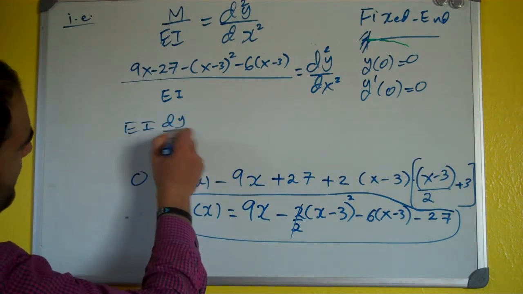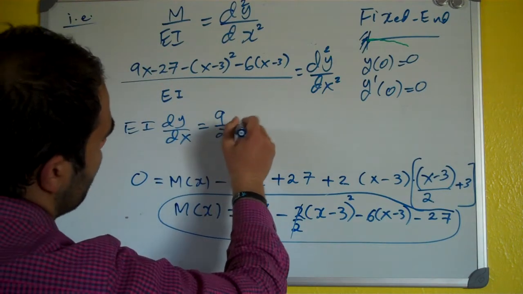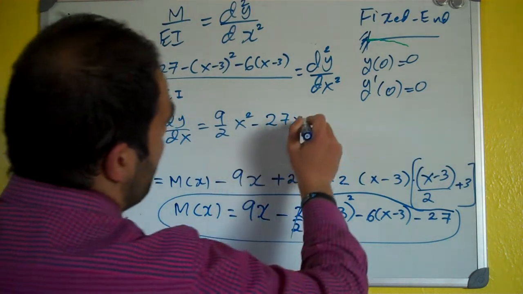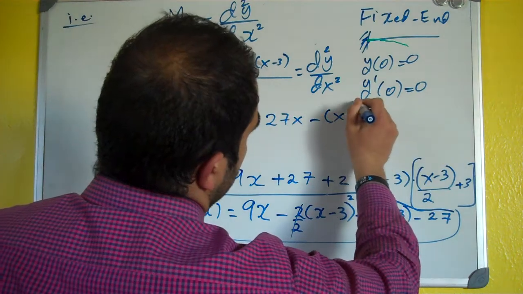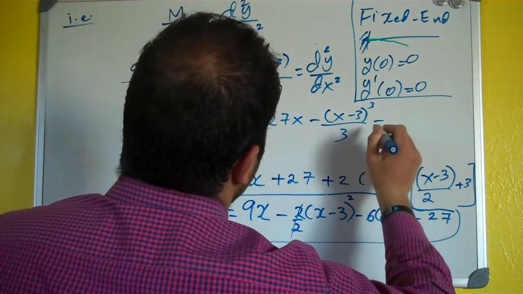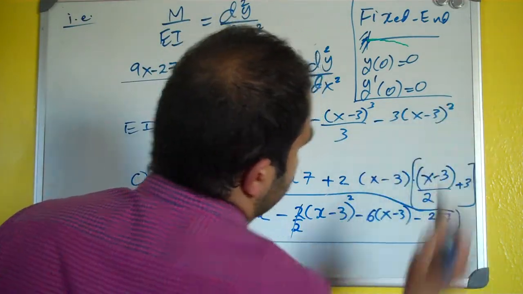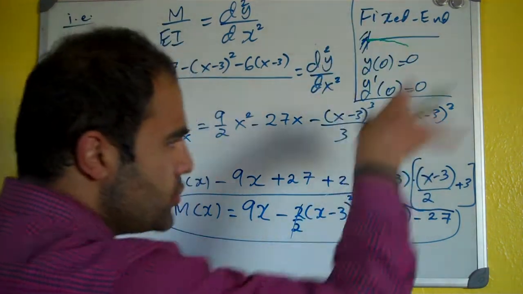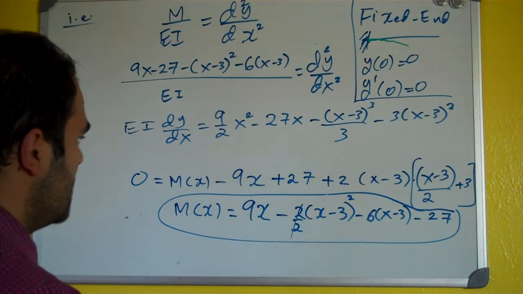EI times the first derivative, so I've got to integrate that. That's 9 over 2 x squared, power rule, minus 27x, minus (x minus 3) to the third over 3, minus 2, so that would be 3(x minus 3) squared. I'm just adding one and dividing by the new power, right? The n plus 1 thing.